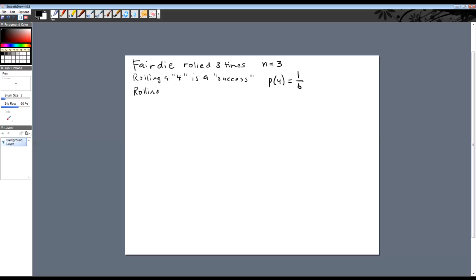Rolling any other number is a failure. So this is called Q. So the probability of not getting a 4 is 5 over 6.